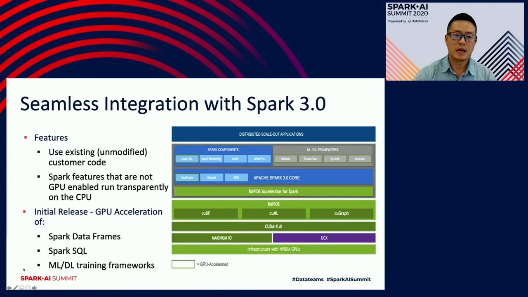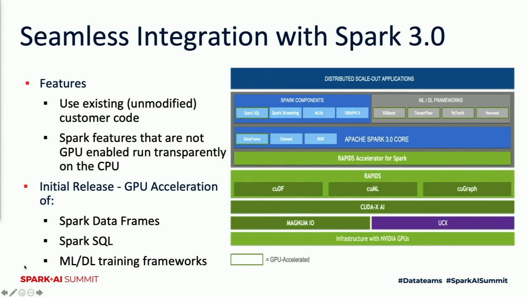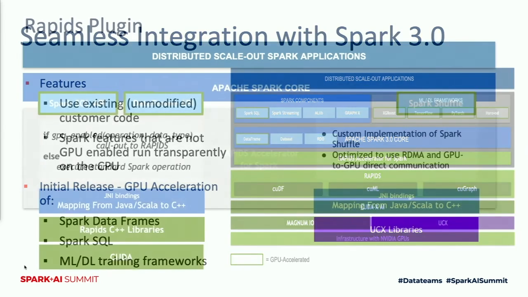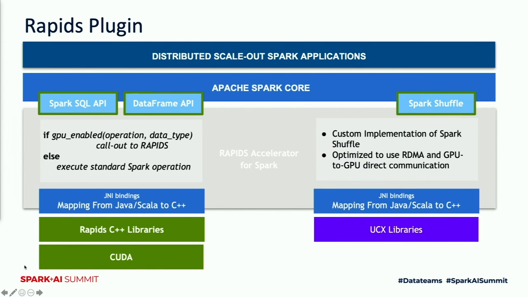This is something that happens behind the scenes. In our initial release, the RAPIDS plugin can be used to accelerate Spark data frames, Spark SQL, and machine learning and deep learning training frameworks. And this is what we've designed. We've been working on making this happen.